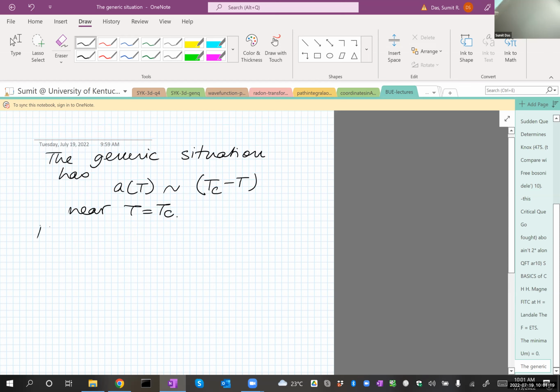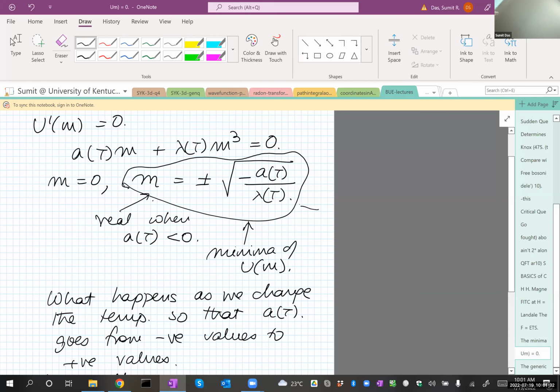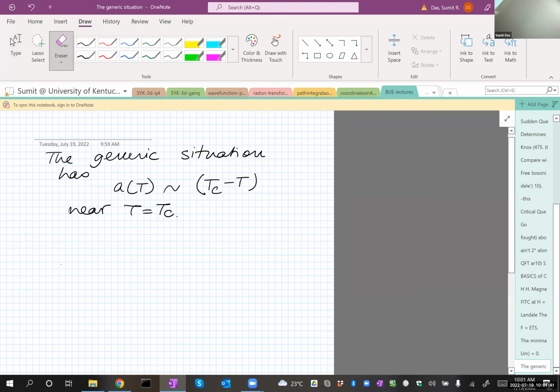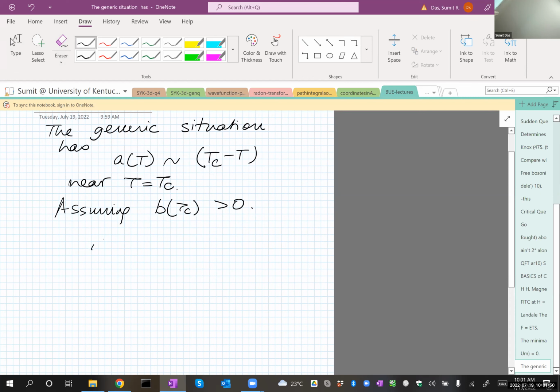So therefore, near t equal to tc, if I look at the formula for the magnetization, the solution of this equation U prime equal to 0, there is a square root of this function A of T. And assuming lambda of Tc is positive, you immediately realize that M0 goes as Tc minus T raised to the power half.